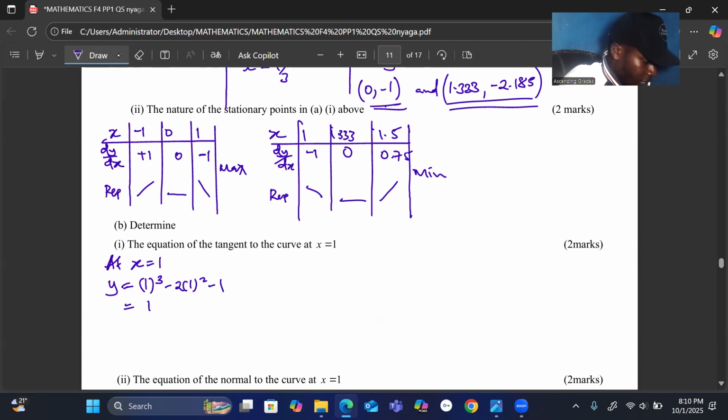So we shall have 1 minus 2 minus 1, and that is how we arrive at negative 2 as the value of y. So the coordinate becomes 1, negative 2.